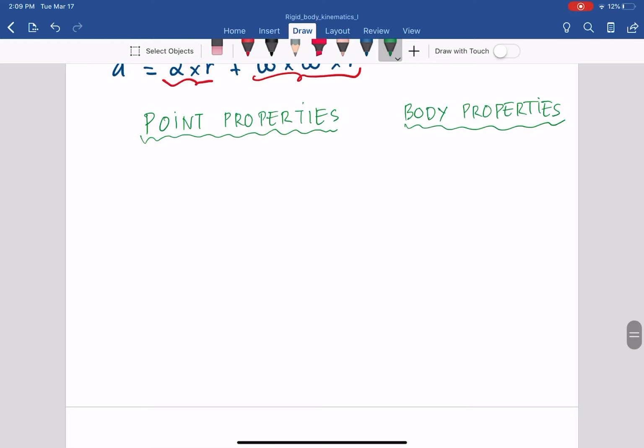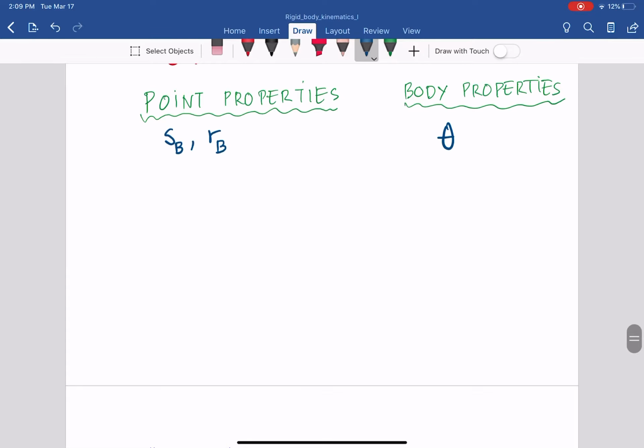For example, if we talk about point B, then we have S_B, the distance or position vector of B. So we have to specify, as you can see, point B or point A, etc. In terms of the body, the parallel concept for the position, the distance, the displacement, or coordinate, will be theta, the rotational angle, and that will be a body property. It will be a body property.